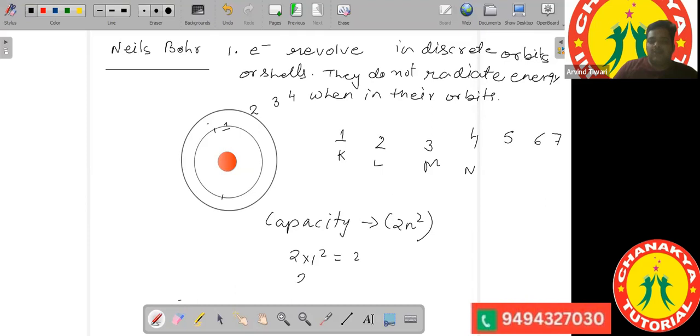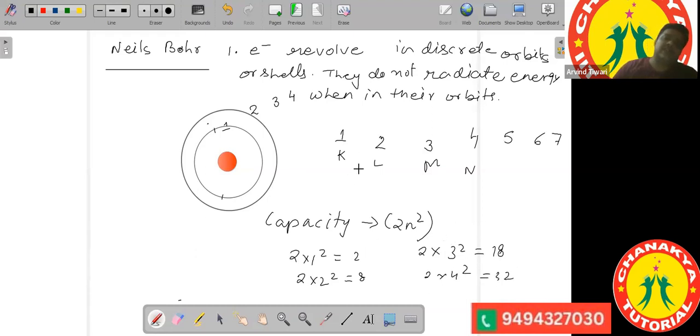The second will be 2 multiplied by 2 squared, equal to 8. The third will be 2 multiplied by 3 squared, equal to 18. Similarly, 2 multiplied by 4 squared would be 32.